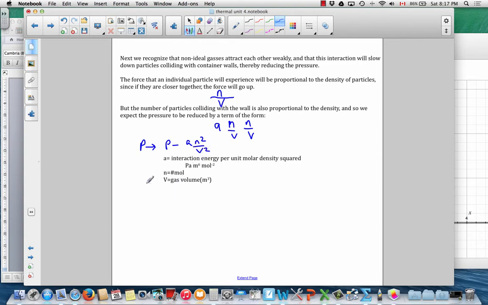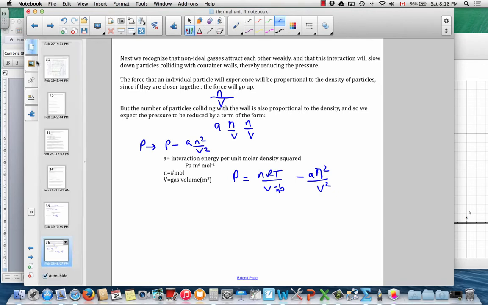So if we put that into our equation from above, which was P = nRT over (V - nb), we're now going to reduce that by minus a n squared over V squared. And I'm going to bring this over to join pressure and put it in a bracket, and then I'm going to cross multiply that back up.